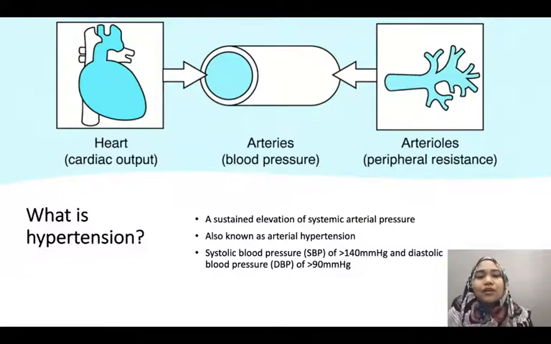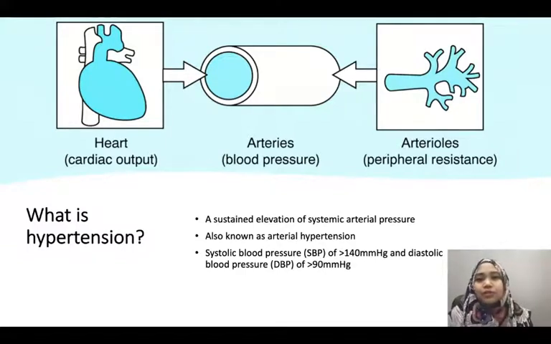It creates a pressure which is higher than the usual range, hence hypertension. Peripheral resistance, in this case, is the resistance of the arteries to the blood flow, whereby arteries become constricted, which therefore increases the resistance. It can be increased by both the sympathetic system and RAS.